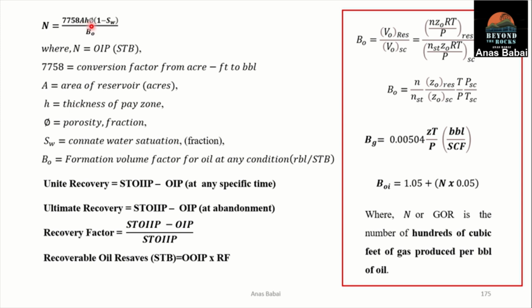Phi, of course you know that we can get it. I will not say which type of logs we can get this value from. And this value represents the hydrocarbon saturation, which is equal to 1 minus the water saturation, and it's a fraction, so it doesn't have any unit. And the formation volume factor, which is reservoir barrel by stock tank barrel.